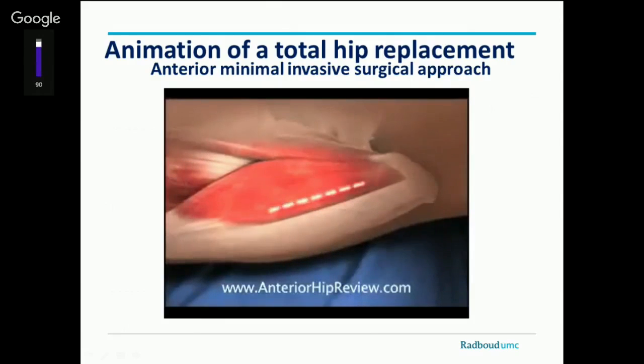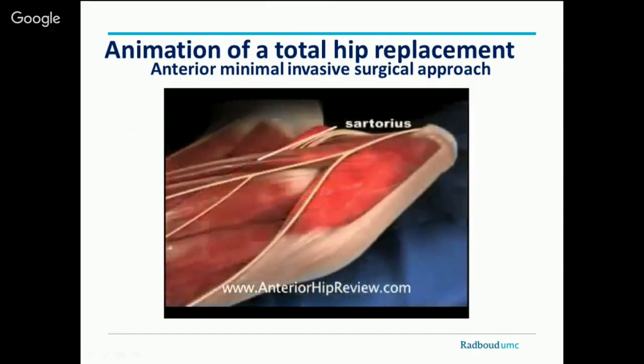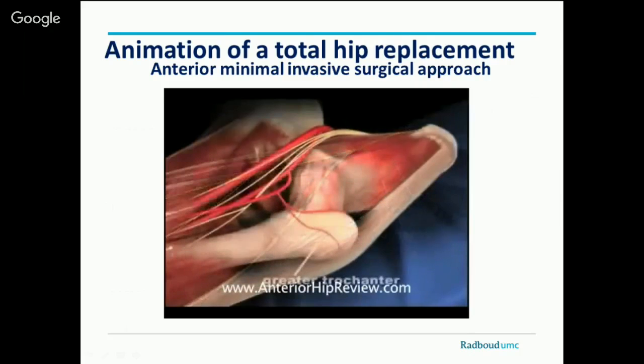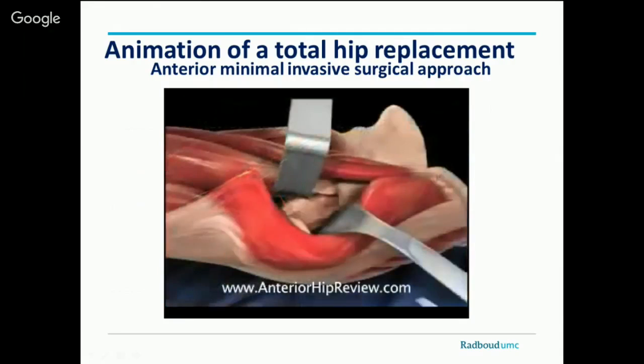Lying flat on their back is 8 centimeters in length and avoids these anatomic structures that are pointed out in the course of the animation. Once the incision is made, soft tissue retractors are placed in front of and behind the femoral neck, facilitating exposure of the hip joint.